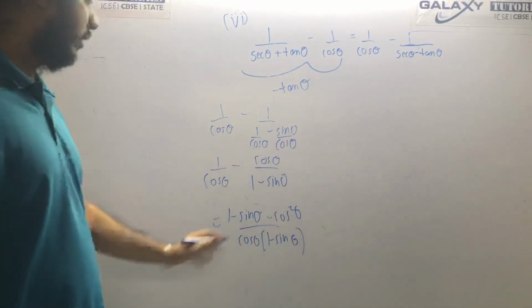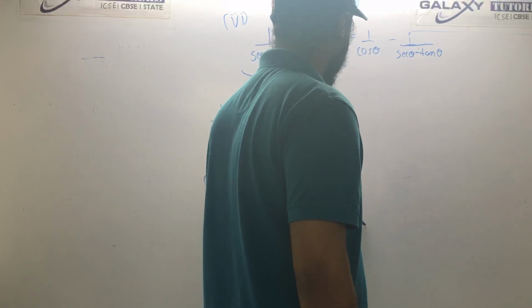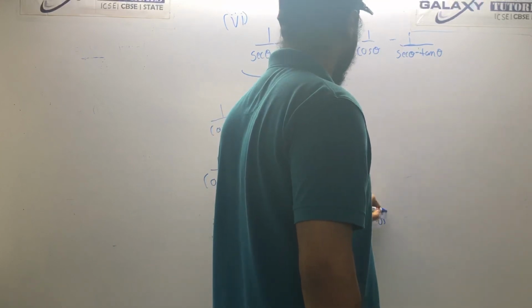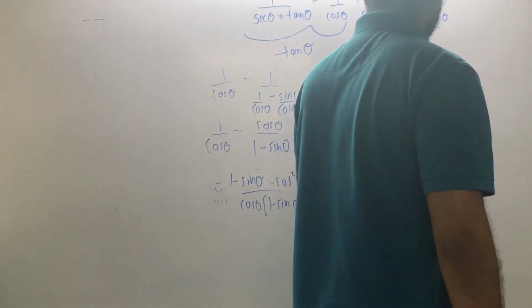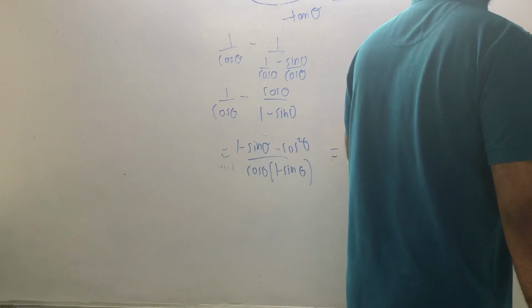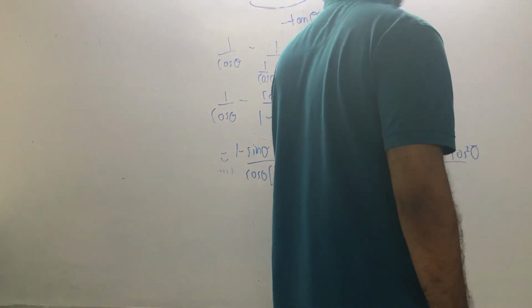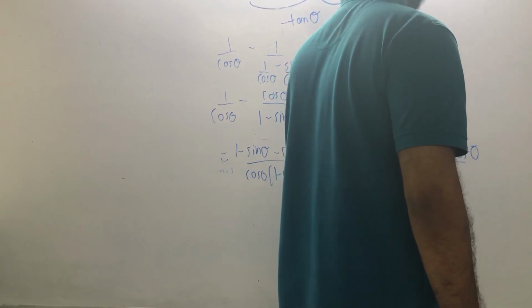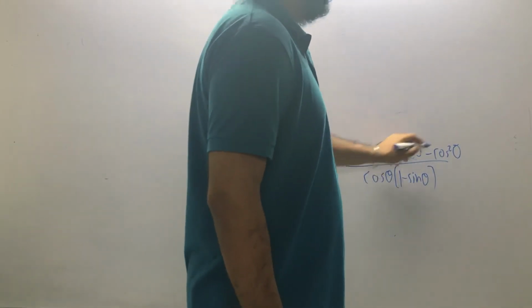Okay, again you can write 1 as sin square theta plus cos square theta, minus sin theta minus cos square theta. Okay, cos square theta cancels.